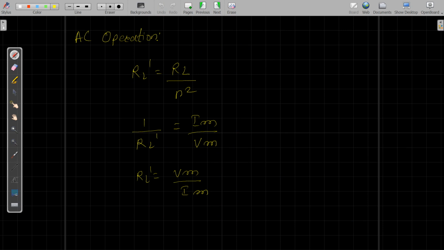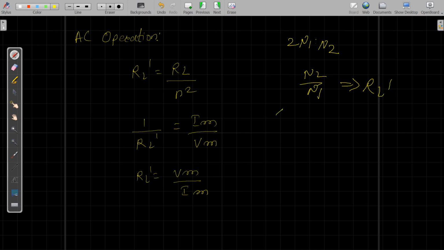As we know, the step down ratio is 2 N1 to N2, but while calculating your reflected load, the ratio was simply N2 by N1. That means each transistor is sharing equal load, which is the reflected load, that is your RL dash.